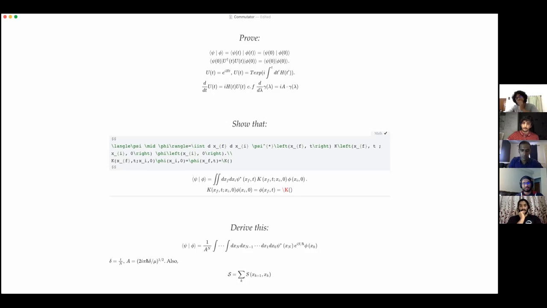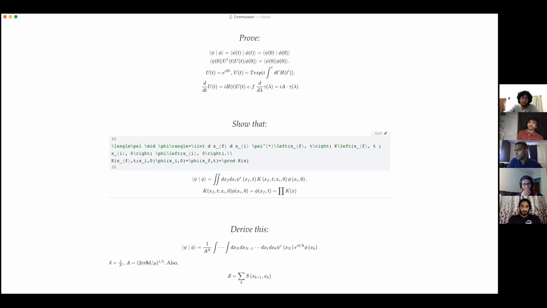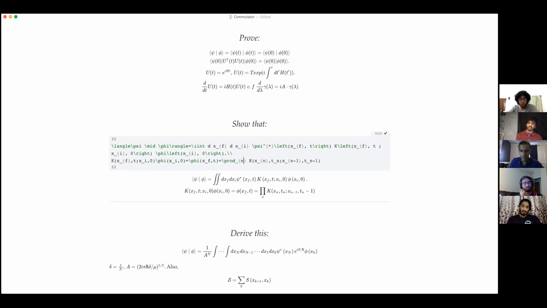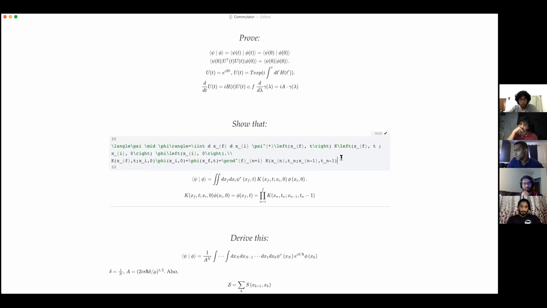There's going to be a product of K's, a product from i equals 1 to n, and then I have phi of x_i at 0.